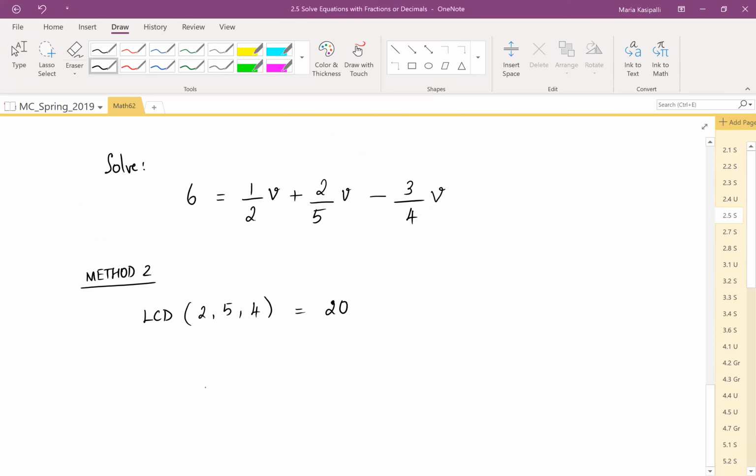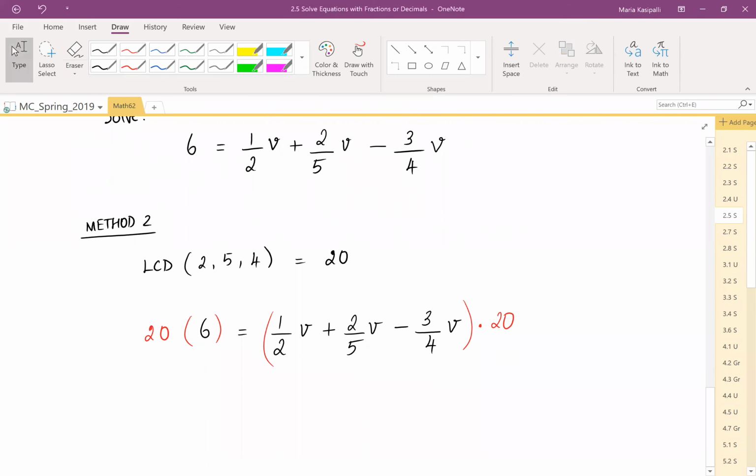So your equation is 6 equals 1 over 2v plus 2 over 5v minus 3 over 4v, right? And we're supposed to multiply both sides by the LCD, right? That is the clue to clear the fractions.